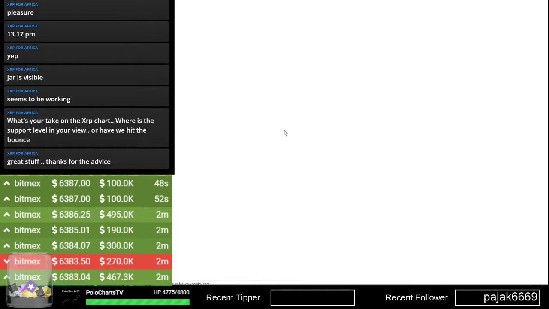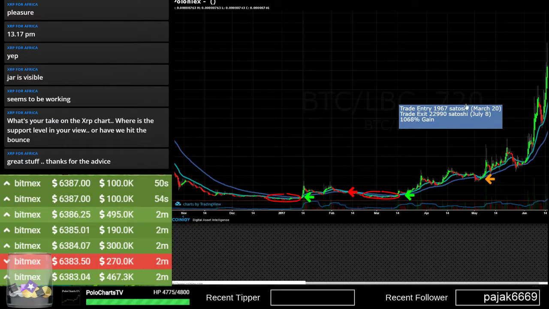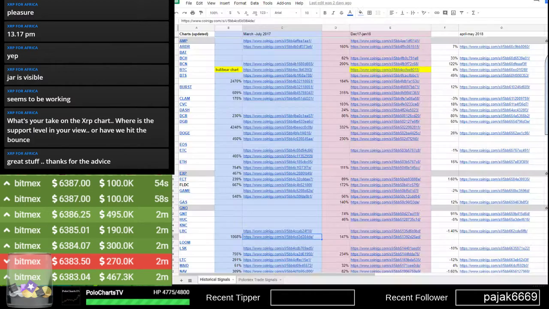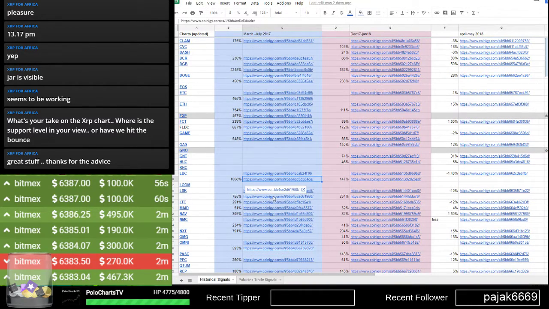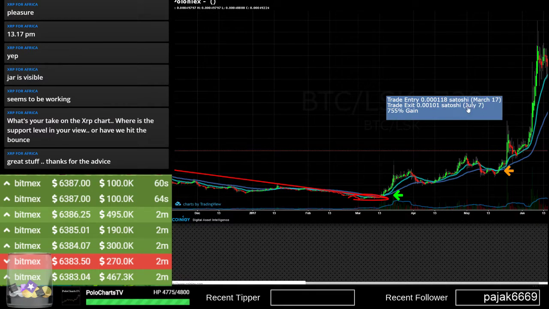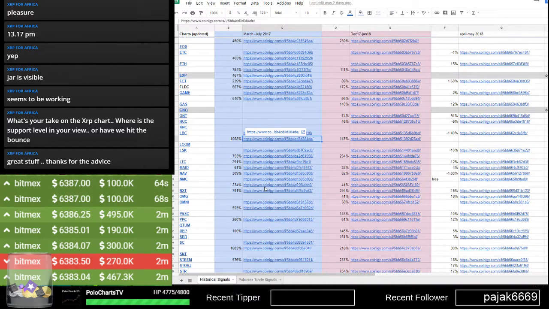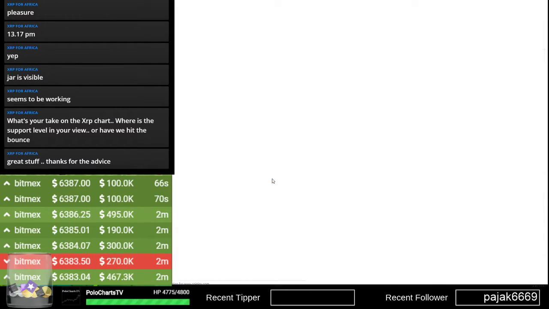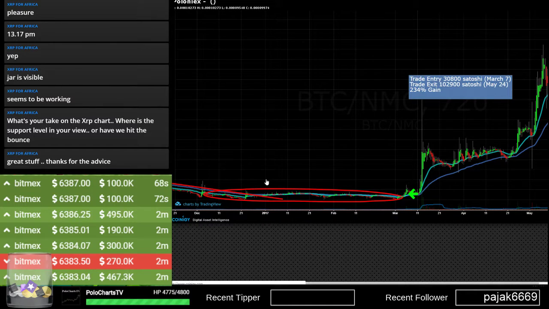Library Credits, I don't know how that'll do this time, but you can see March 20th to July 8th. It's very, very much the same for all of the coins. Lisk, if we bring this up, it's March 17th to July 7th. So again and again and again, we can see that the bull market started on a very specific day.